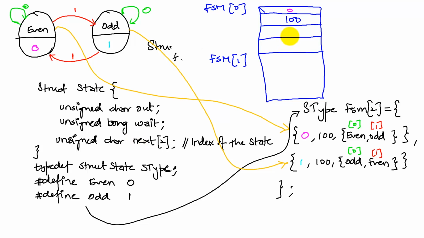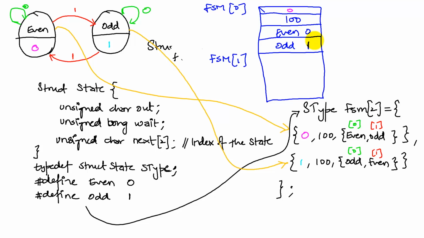The first one will have a value which is even, which I'm going to write first. I'm going to call this even, which has been defined as a synonym for 0, and odd, which is the synonym for 1.